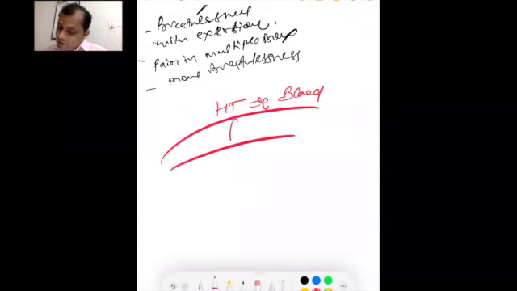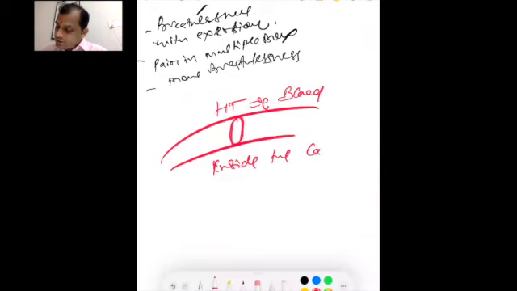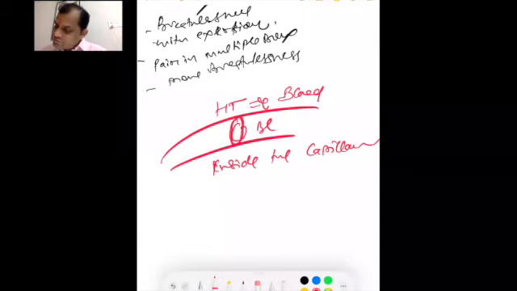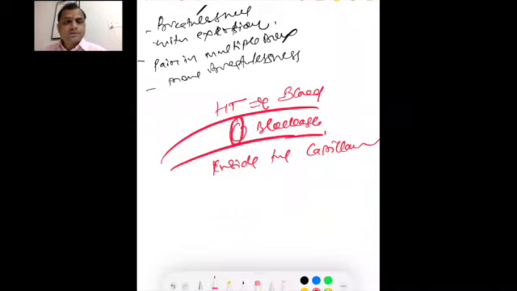So inside the capillaries, there will be some blockages created in this stage.